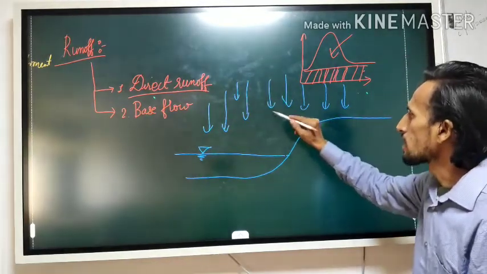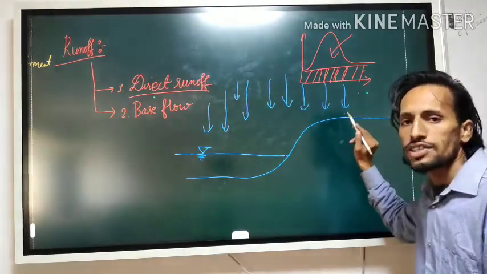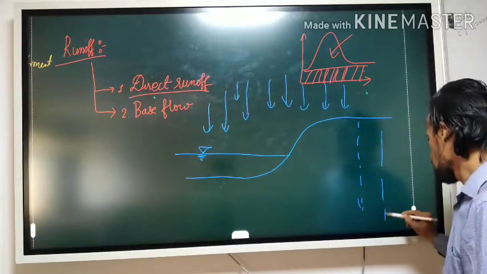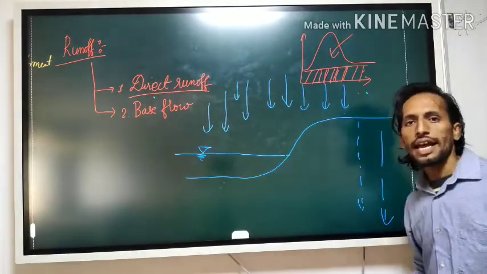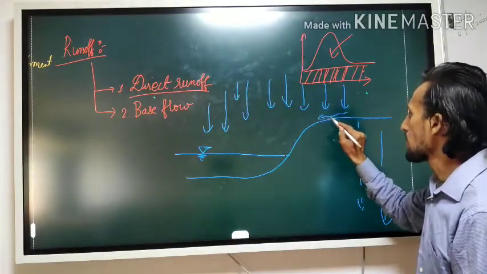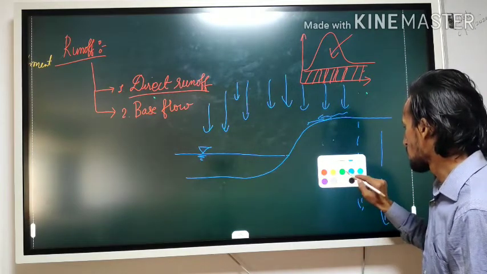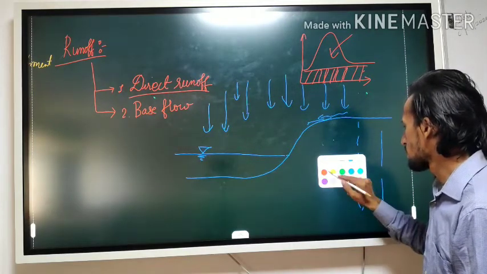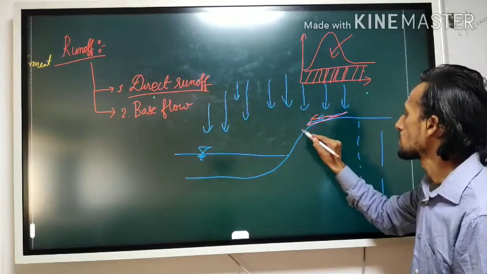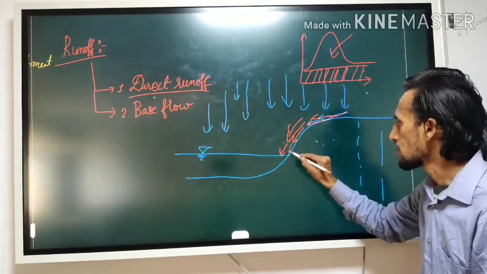Some of the water will be falling on the earth's surface and some of the water will be going inside the earth as groundwater. Some of the water will be flowing, let me change the color, like this and this water will join this stream.